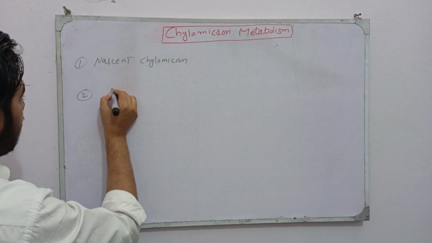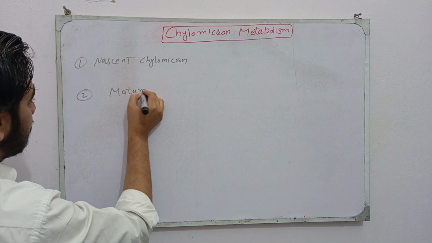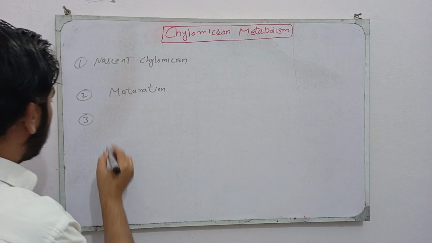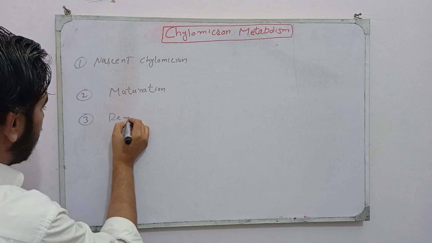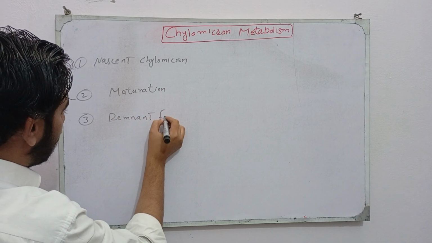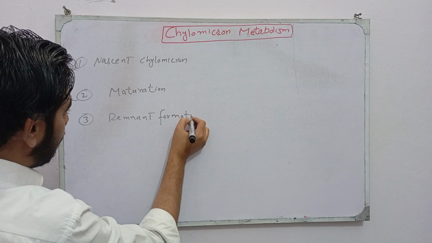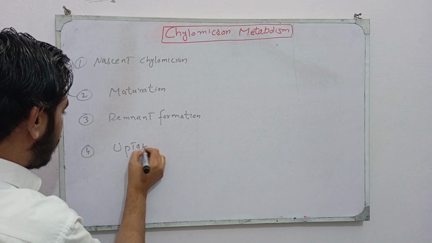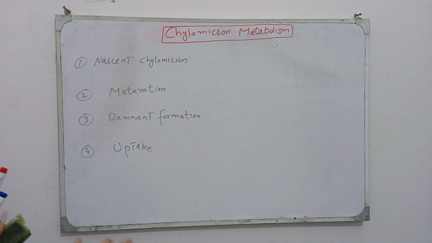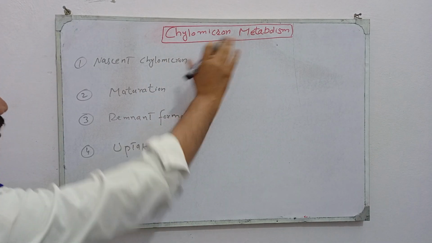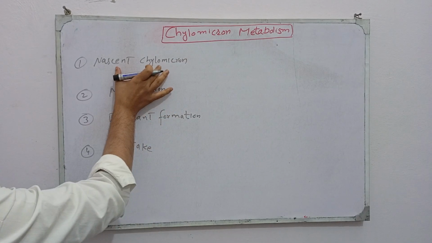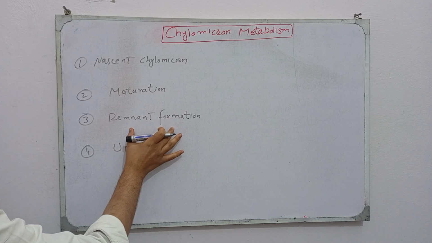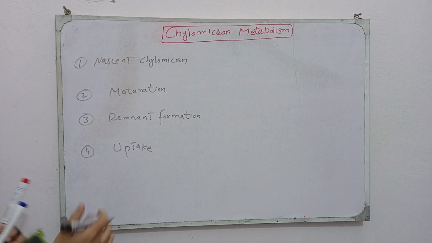Second one is maturation. Third one is chylomicron remnant formation, and fourth one is uptake. Students, these are the four steps in chylomicron metabolism.